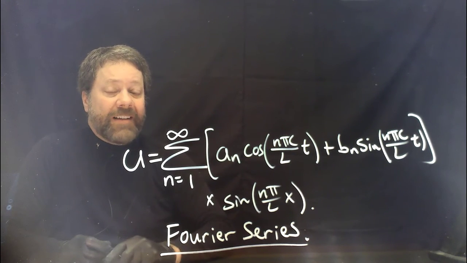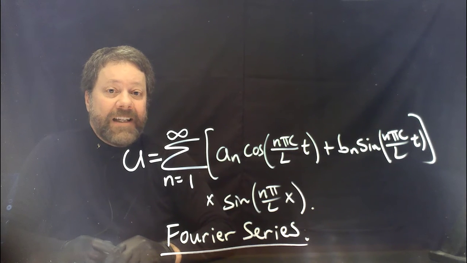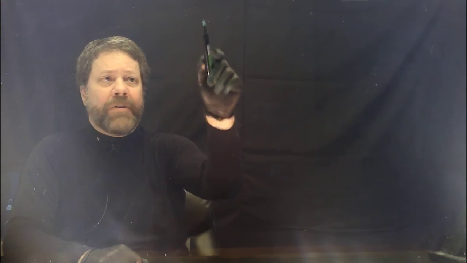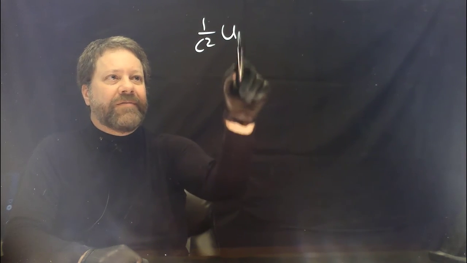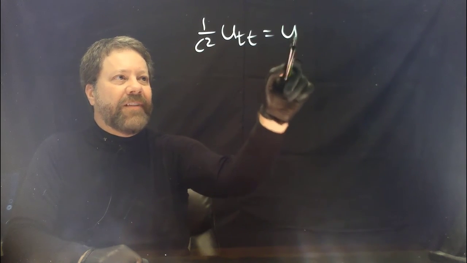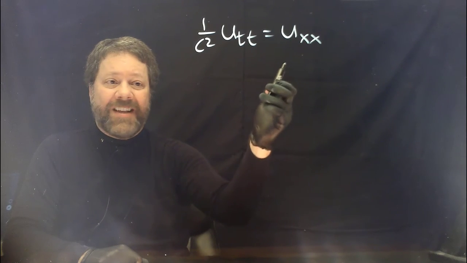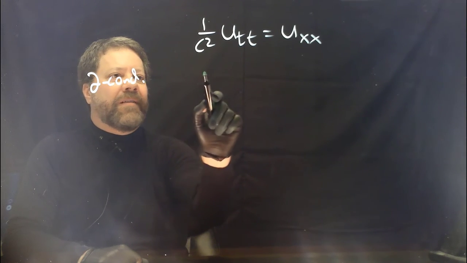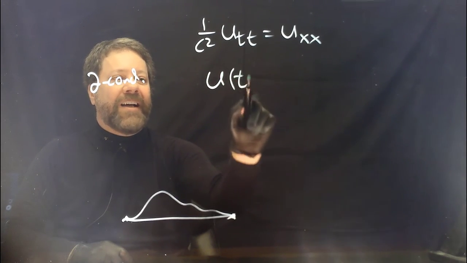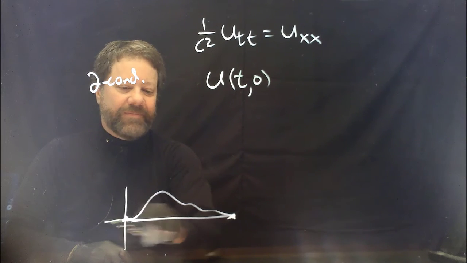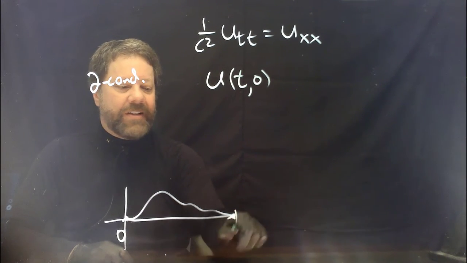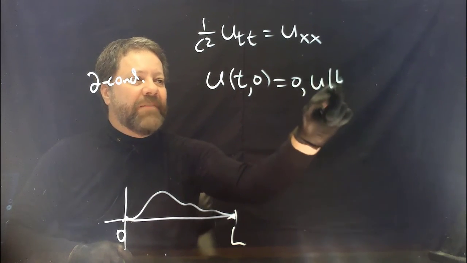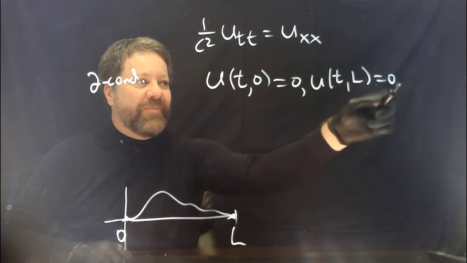We still have to check how this can satisfy the initial condition, the initial data. So the initial boundary value problem for the wave equation in one dimension must have this form. We have the boundary conditions. For all time, at the left-hand boundary, this is 0 and this is L, we have no displacement, and the same is true for all time at the right-hand boundary.